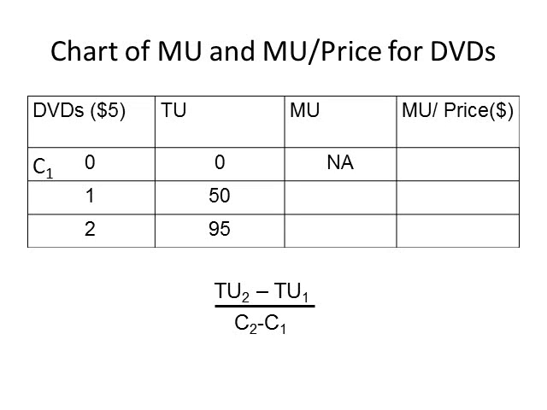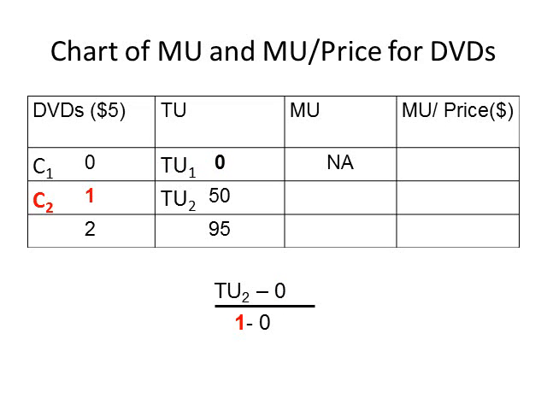So we're going to assign C1 to 0, TU1 to 0 for the first row. C2 will be the consumption of one DVD, which gives us a total utility of 50, and that will be our second total utility. Next step is to substitute 0 for C1 and 0 for total utility 1 in the formula.